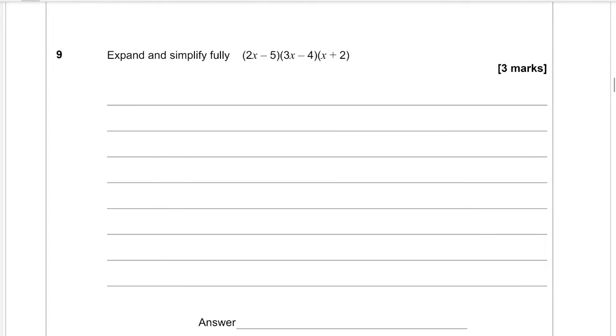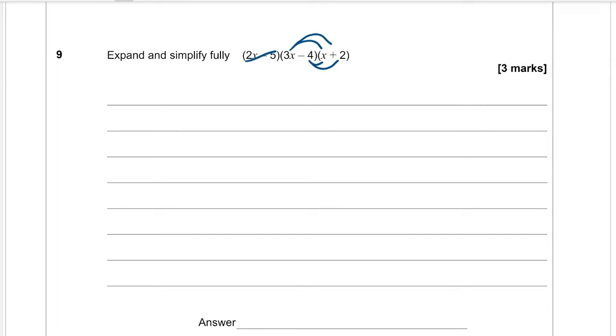Okay, we're going to expand a triple bracket next. So what I will do is pretend like the first one isn't there, and I'm just going to expand this double bracket here.